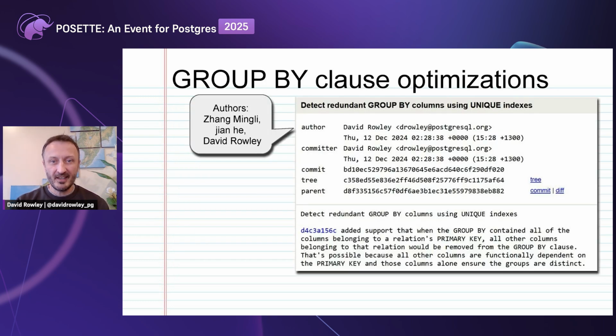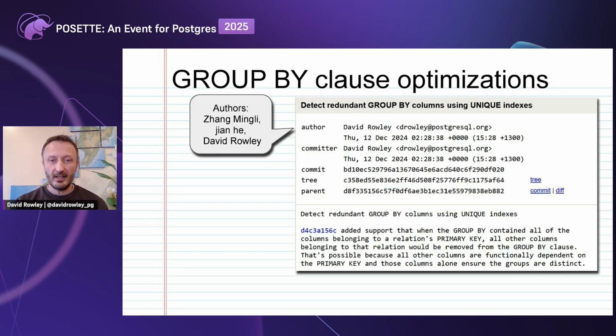So the next change I want to talk about, I committed this one. I wasn't the primary author. But basically, Postgres has had the ability to remove redundant group by columns using primary key indexes for quite a long time.